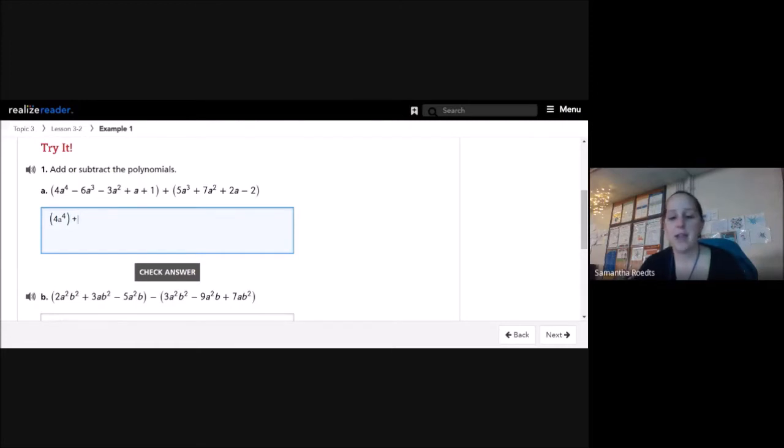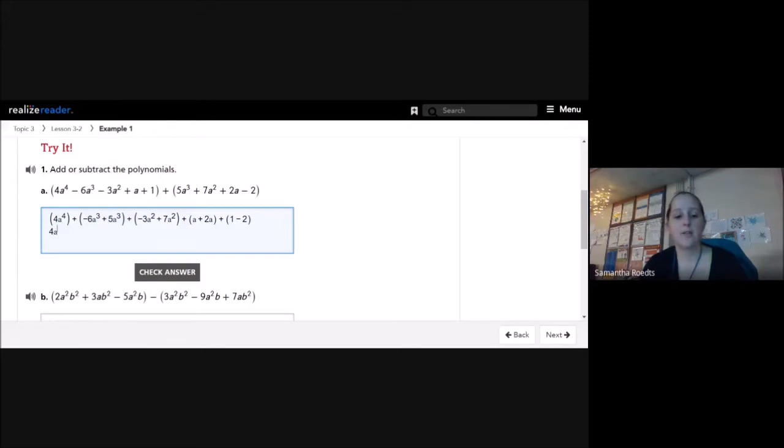Then I have negative 6a cubed plus 5a cubed. Then negative 3a squared plus 7a squared. Then a plus 2a, and then 1 minus 2.